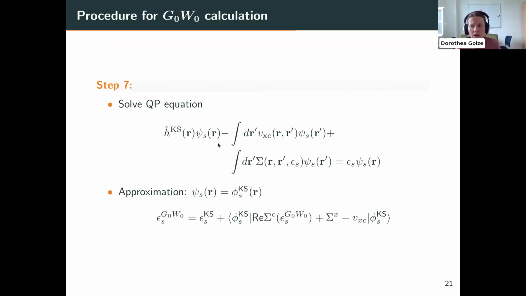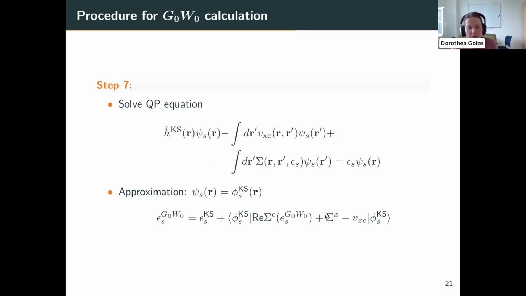This would be our quasi-particle wave function. We now make the approximation that we insert the Kohn-Sham orbitals instead, and integrate from the left, and then get the following expression. We usually separate the self-energy into the correlation part and the exchange part, and then subtract the exchange-correlation functional from DFT.